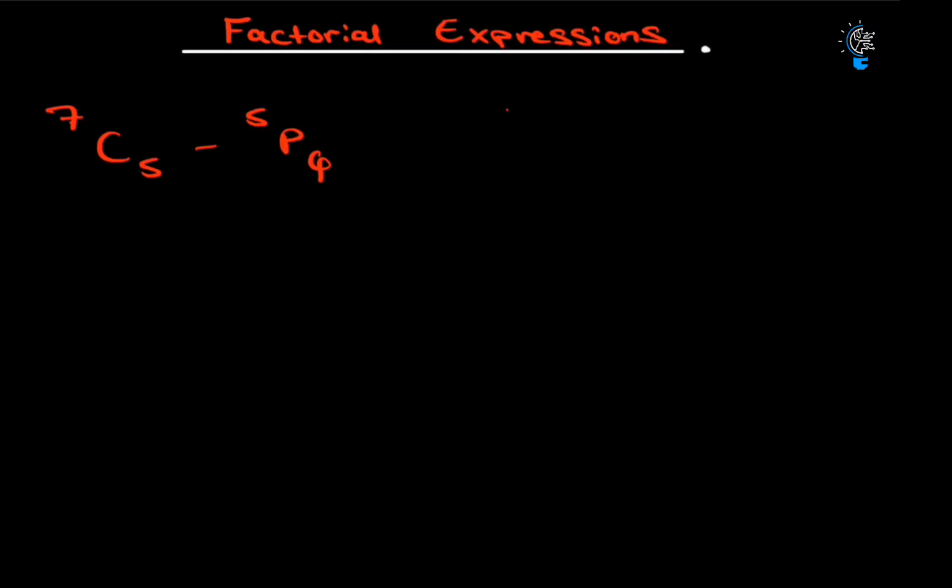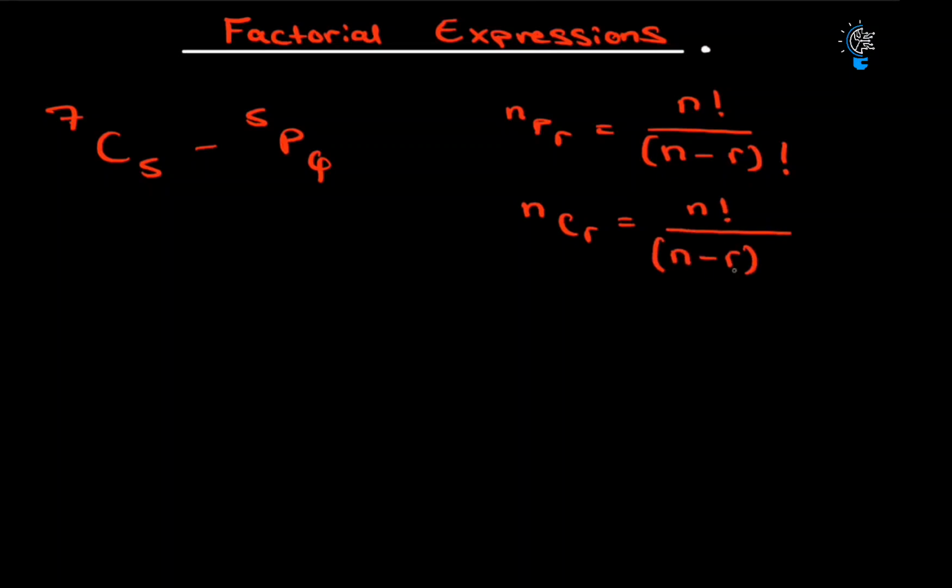We know that permutation has an expression that looks like this, over n minus r factorial. And we know that combination has an expression that looks like this, over n minus r factorial r factorial.